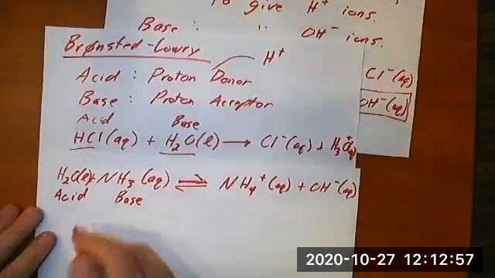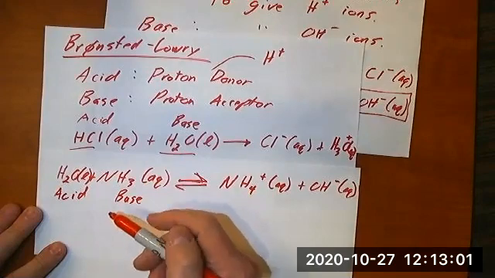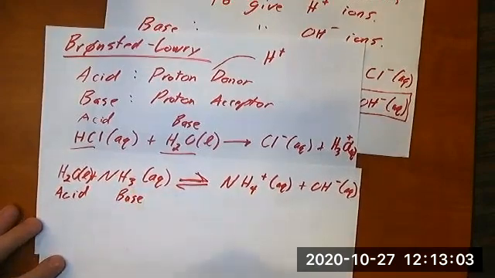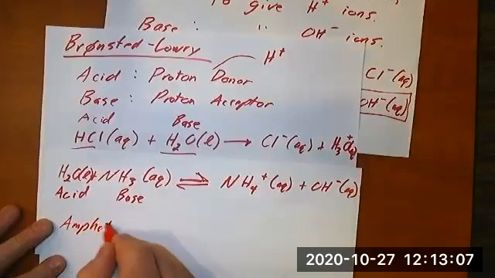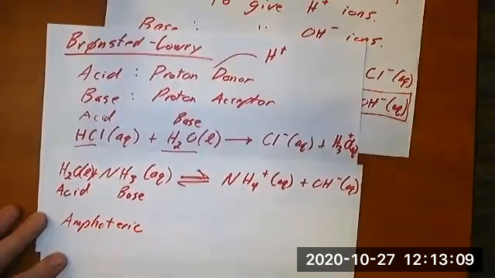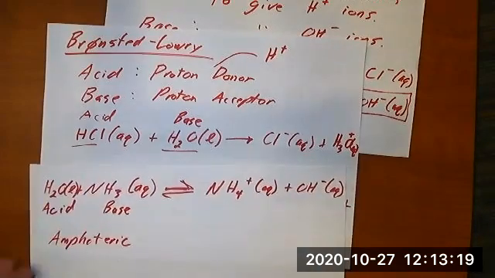Water, as shown by these two reactions, can act as either an acid or a base, and we have a name for that, amphoteric. Amphoteric means it can act as an acid or a base depending upon the reaction.